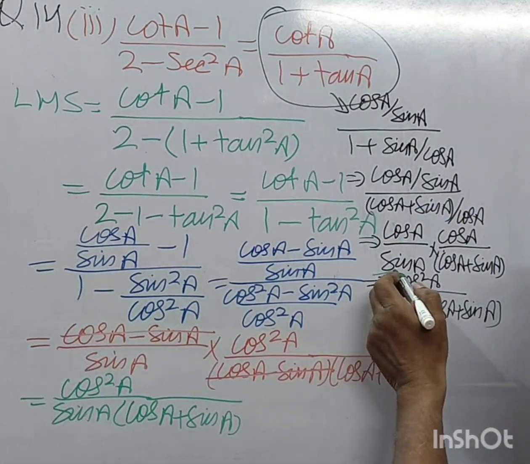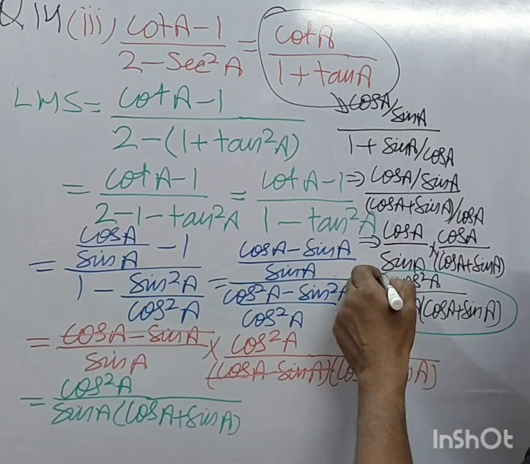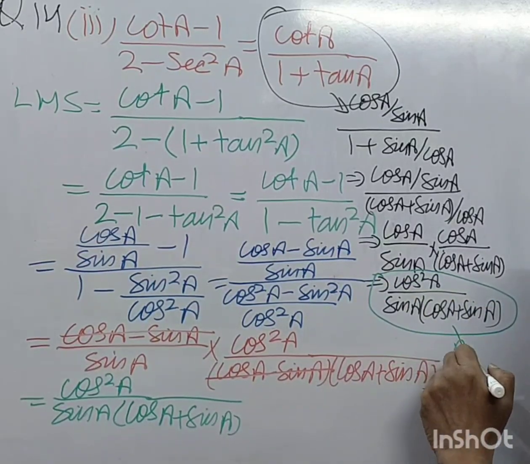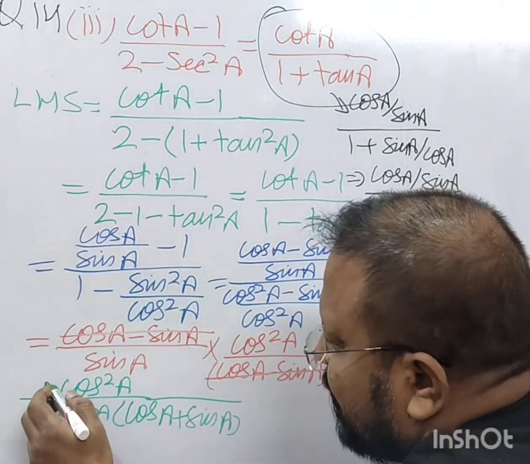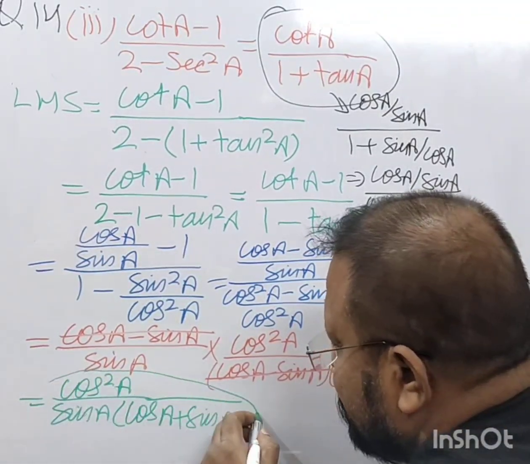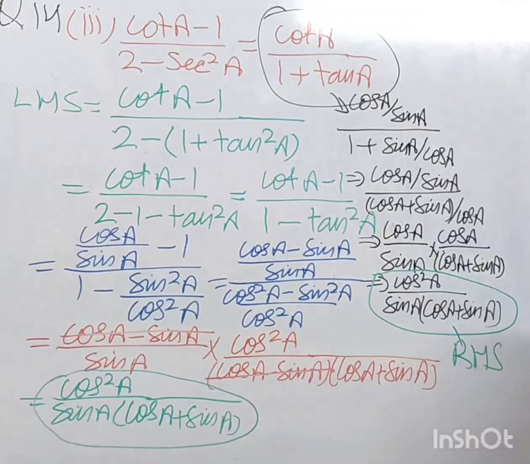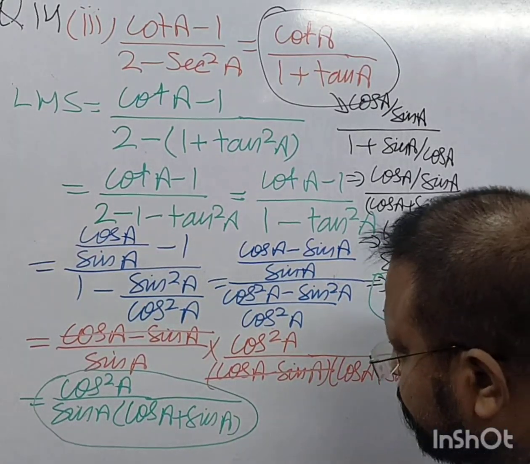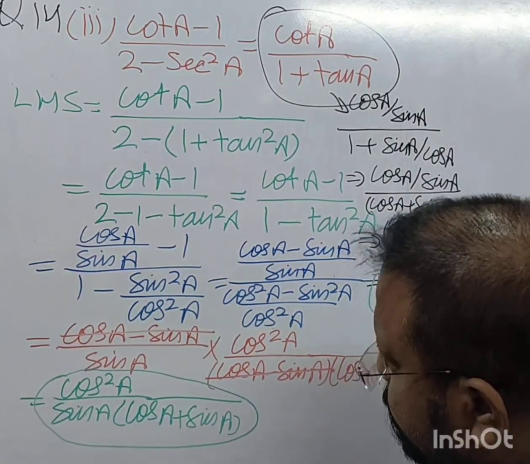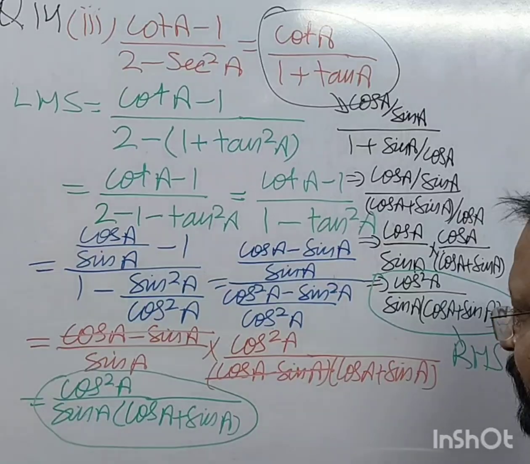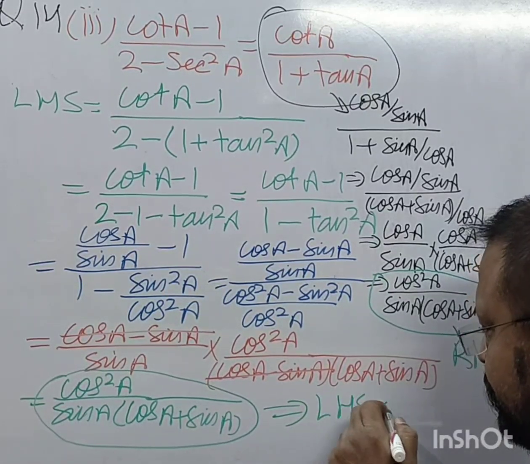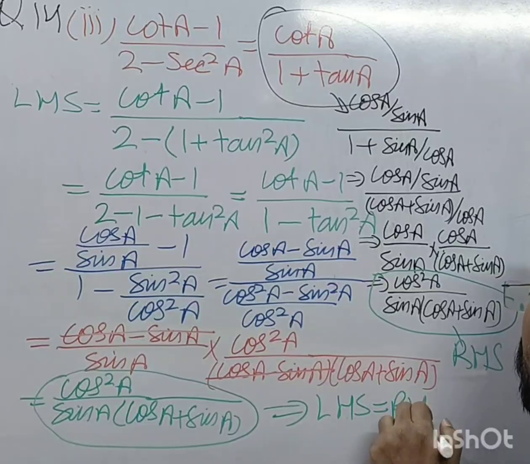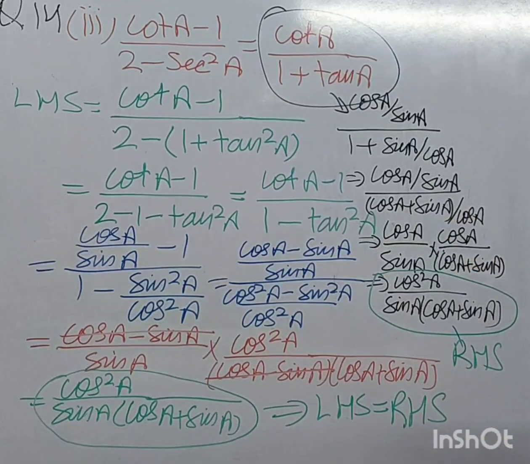So this is RHS and this is LHS, right? So we can say that LHS is equal to RHS. This is the one way to solve this.